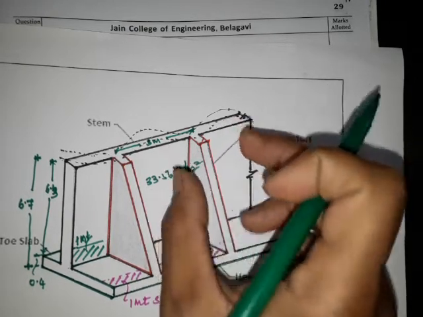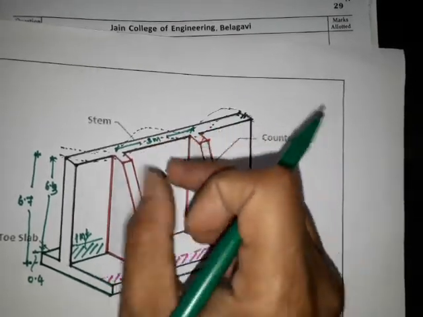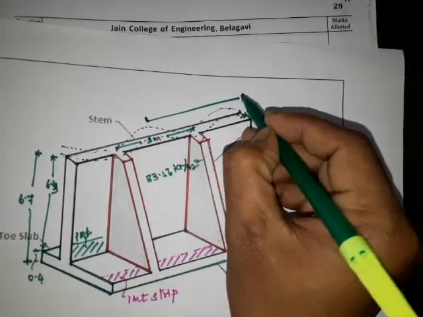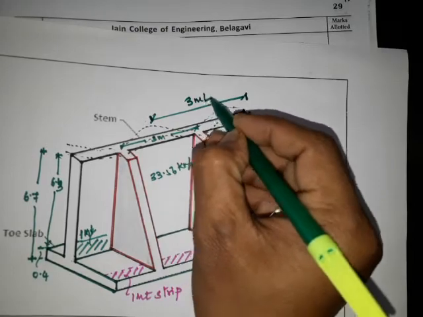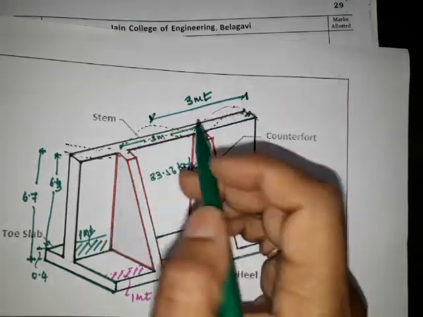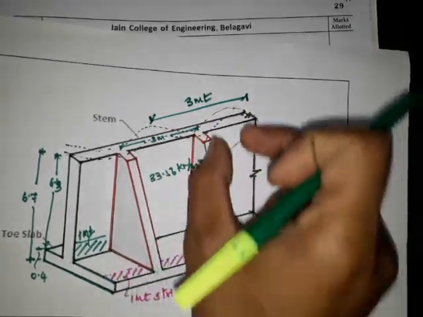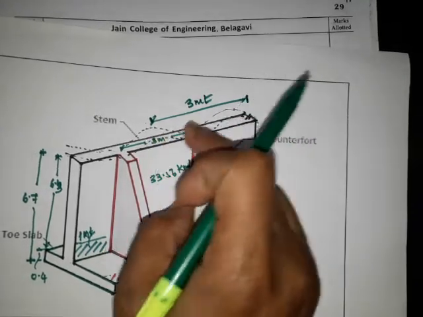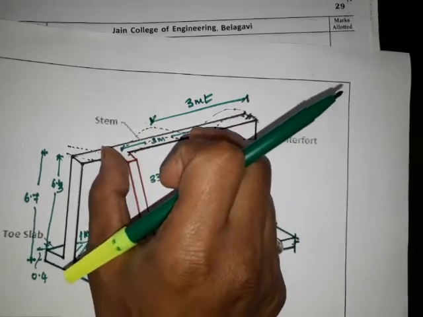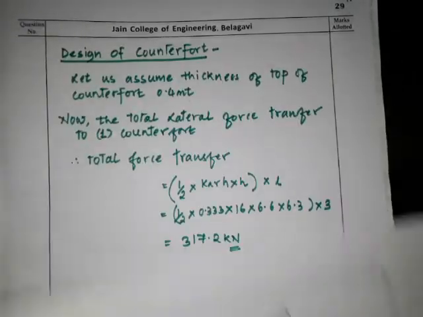As a T beam means this side we have soil and this side also we have soil. From here to here is one more counterfort, and this is 3 meter again, correct? So 50% from this side and 50% from this side, 1.5 meter and 1.5 meter, 3. So the center to center distance between the counterforts, we can directly take L equal to 3 meter.